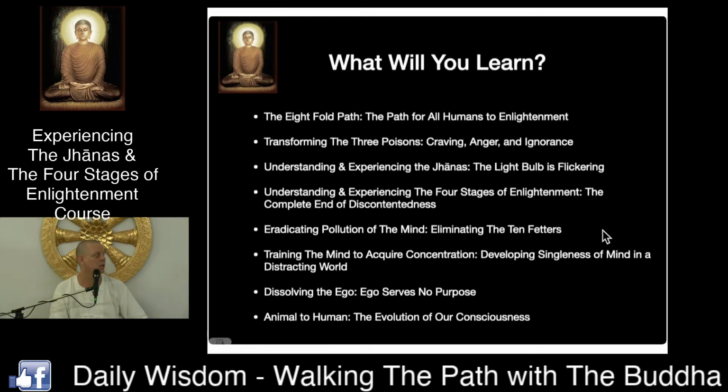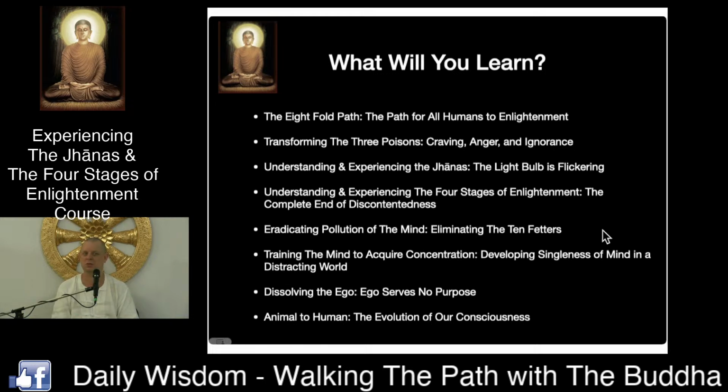Then we're going to be going into the 10 fetters and spending an entire class period just on the 10 fetters. There's a retreat that I'm going to be teaching in August where I'm going to be spending an entire class period on each individual fetter. But here in this particular course, we're going to be spending 1 class period on the fetters themselves. So we might be talking about each fetter for maybe 10, 15 minutes.